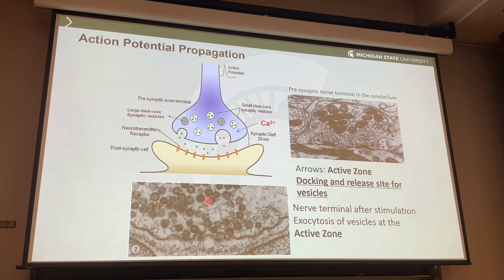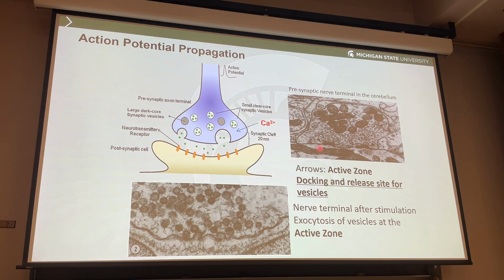So you can see each of these structures here is a vesicle. The darker ones are filled with neurotransmitter, the lighter ones are empty, and as you can see here and here, we actually have these bound to the membrane of the terminal and the pouring out of neurotransmitter out into the synapse.